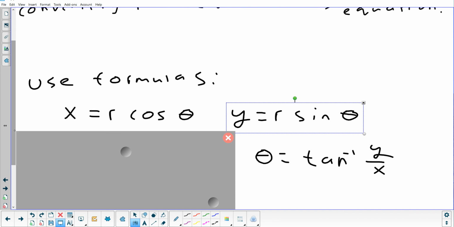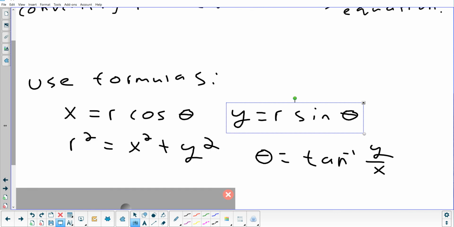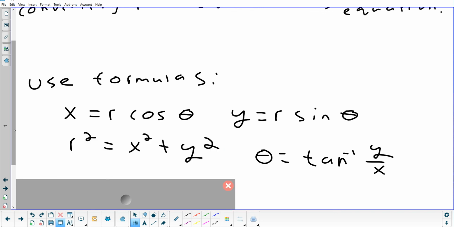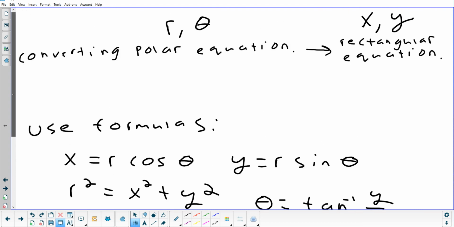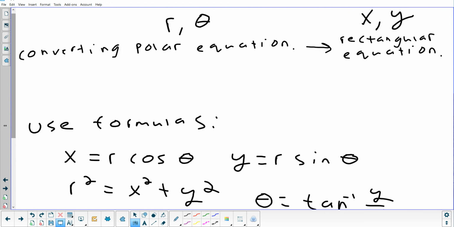And the formula we used yesterday to find the radius was the Pythagorean theorem. So these are the four formulas that we've learned that connect a polar and a rectangular concept. We're going to use these formulas to change an equation into rectangular.